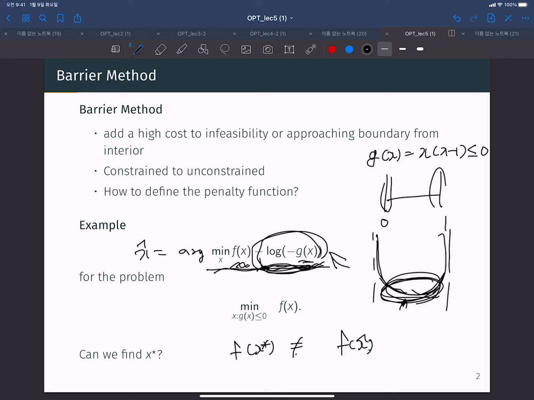So the solution obtained from the barrier method and the real solution may not match. That is one bad side of the barrier method. One good side of the barrier method is that we remove the constraint, so we don't need to do projection.